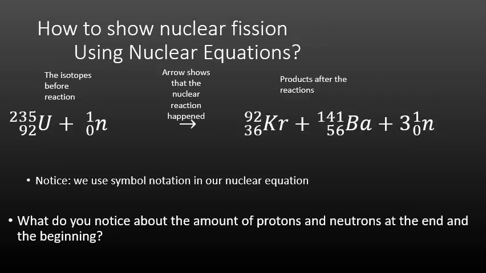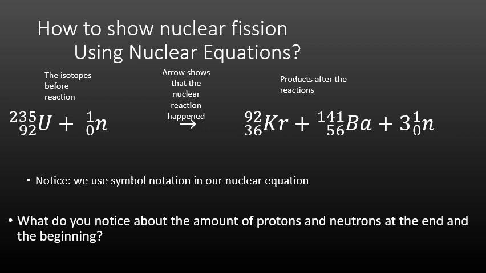All right, now we use nuclear equations to show what's happening in the reaction. And here I have a summary, just all the stuff at the beginning and all the stuff at the end, skipping over that middle step. So on the left-hand side, these are the isotopes and elements before the reaction.